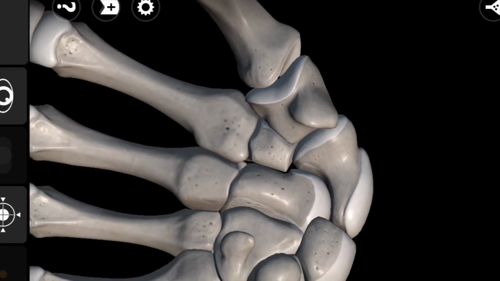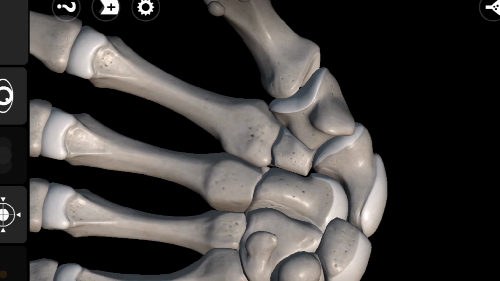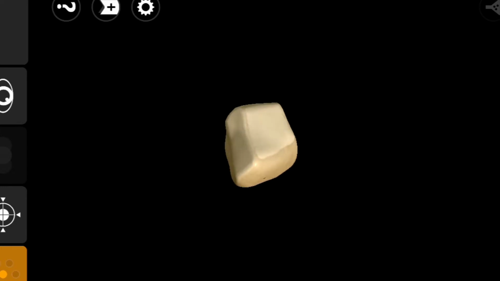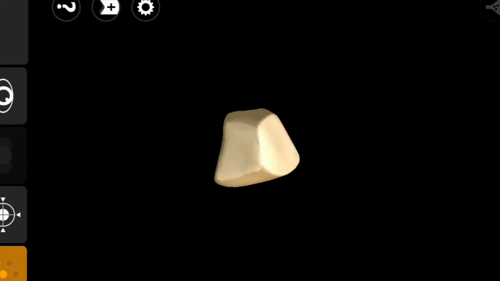Now we will see the second bone of the distal row. This is the trapezoid. This is a very small bone. This is a wedge-shaped bone of the distal row of the carpals.